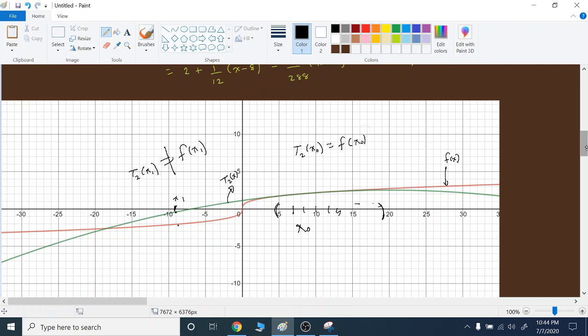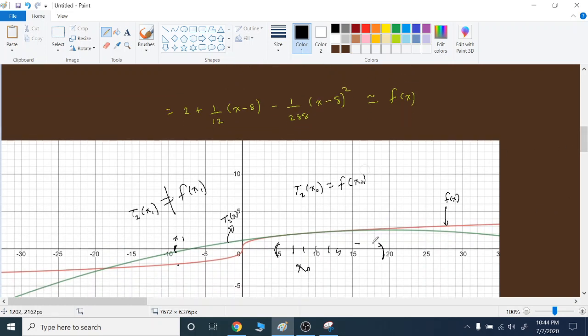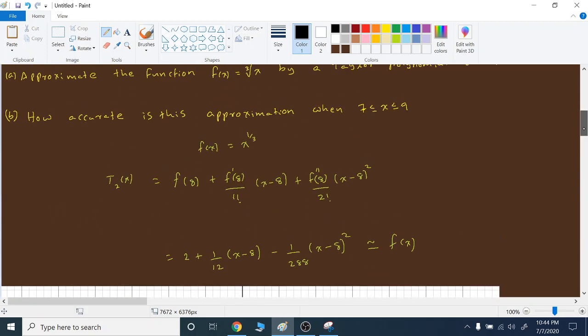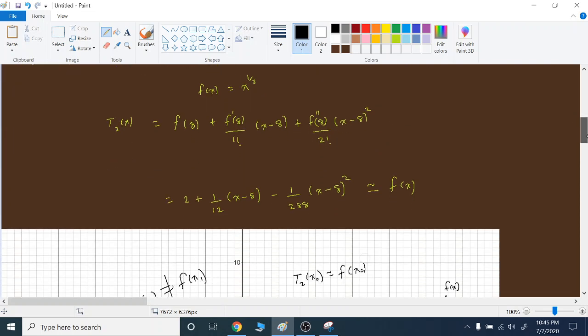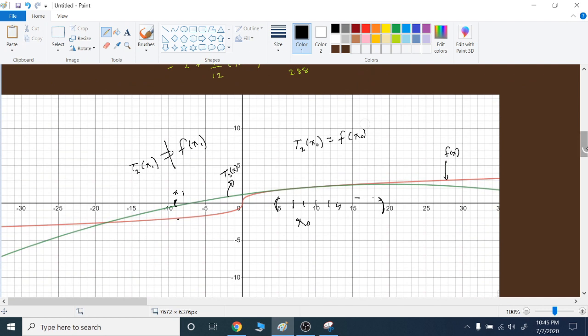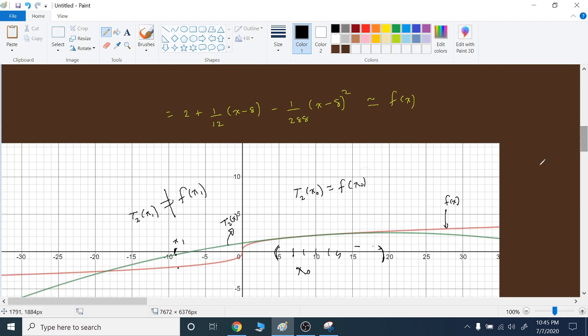So to answer this question, you don't need this image at all. So here it asks, how accurate is this approximation when x is between this region, that means greater than 7 and less than 9. So it's somewhere in this region.